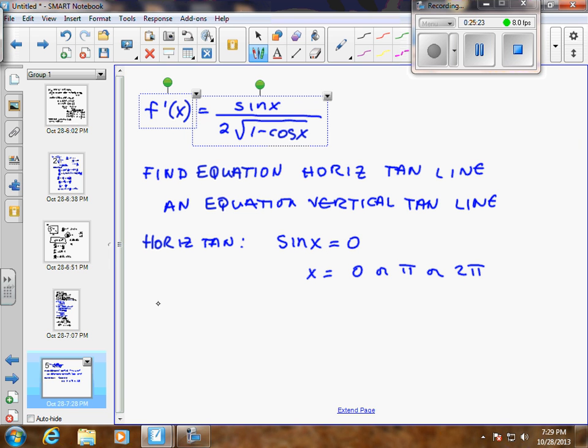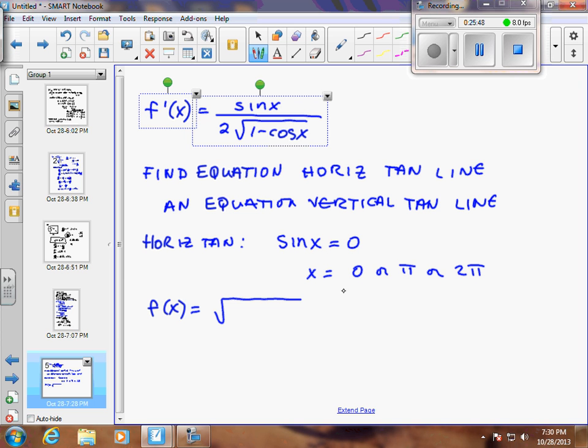So my original equation was f of x equals the square root of the quantity. Oh, I don't need that. Never mind. I don't, yes I do. Yes I do. Because a horizontal tangent line is a form what? Horizontal line.